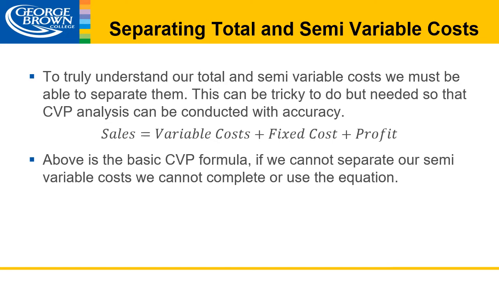We can also do this with semi-variable costs, to understand the difference between the variable and the fixed component. Furthermore, if we're going to do a CVP analysis, which we're going to do next in the second half of this video, if we don't know our variable costs as compared to our fixed costs, we can't complete the basic CVP equation, and if we can't do that accurately, we can't calculate our contribution margin.